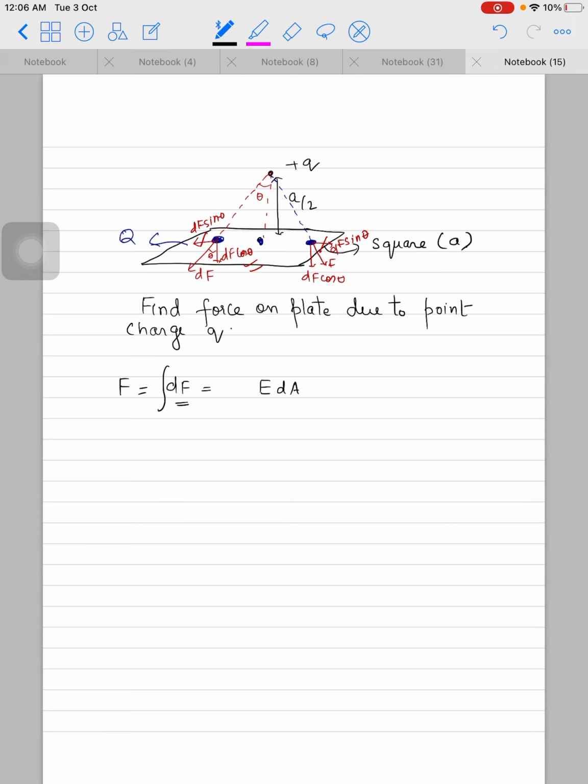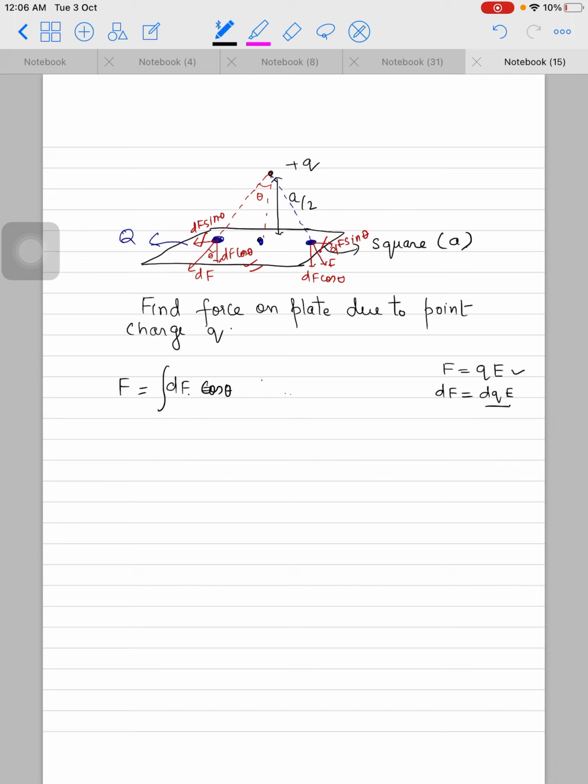But how will this dF come? Force will be, we know this is q into E, so here you can write dF is equal to dq into E. Net force will be the integration of dF cos theta, because the other component is getting cancelled.